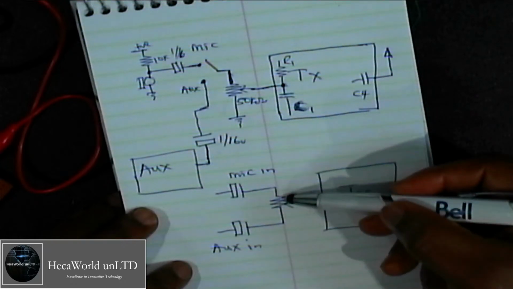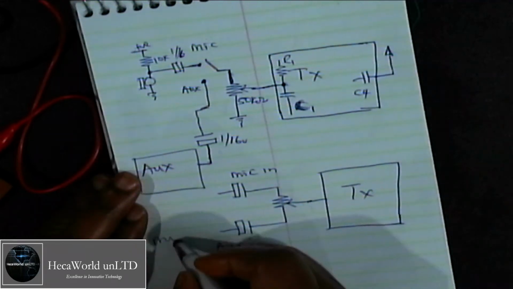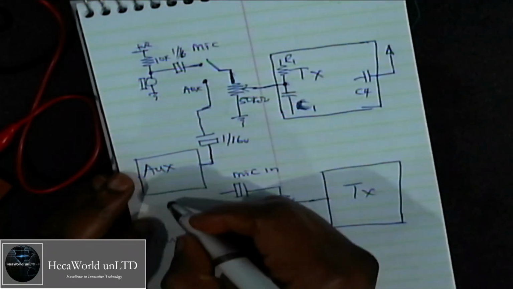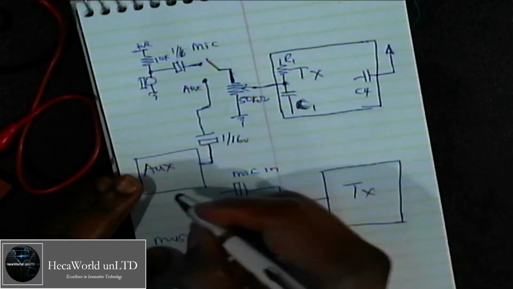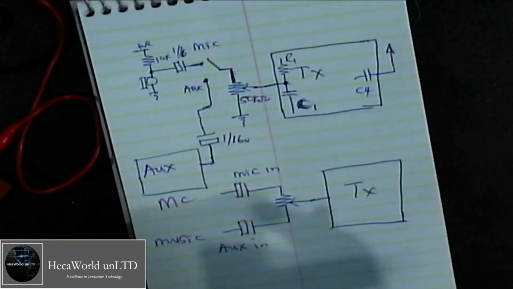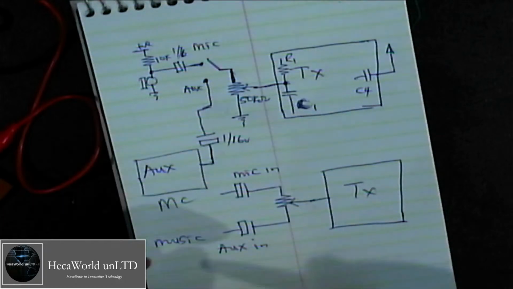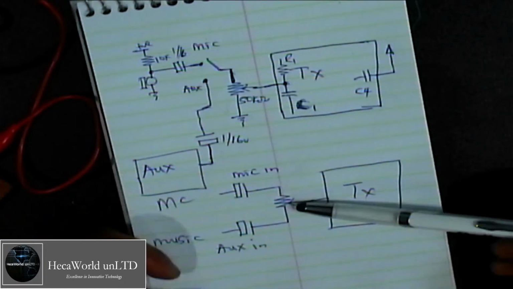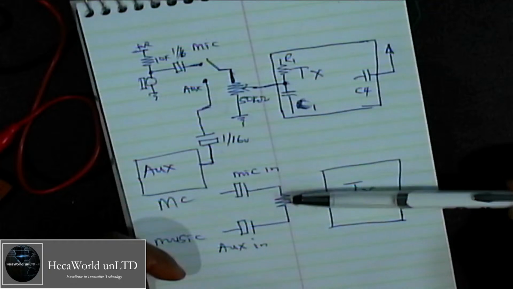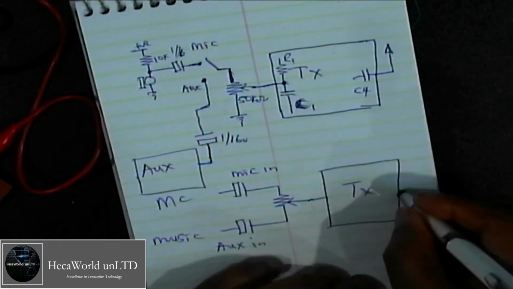So as the music is playing in here from your aux, and audio, let's say MC, that will be the master of ceremony, or you, the broadcaster, you're on that mic. You can use this wiper to adjust whose voice or which volume is higher and that is transmitted from the output here.